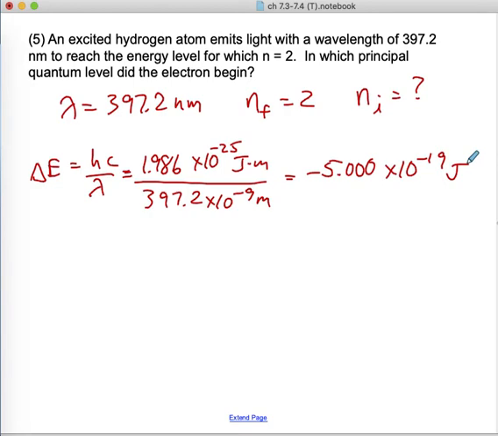So now I'm going to write out the Rydberg equation. Delta E equals, I'm going to write 2.178 times 10 to the negative 18th joules as just R for Rydberg. I'm going to represent that as R, and I'll substitute that in later. 1 over n final squared minus 1 over n initial squared.